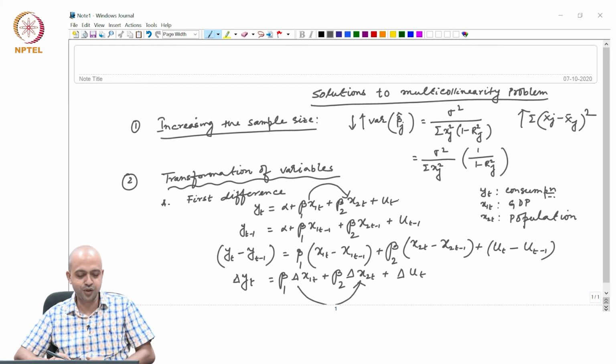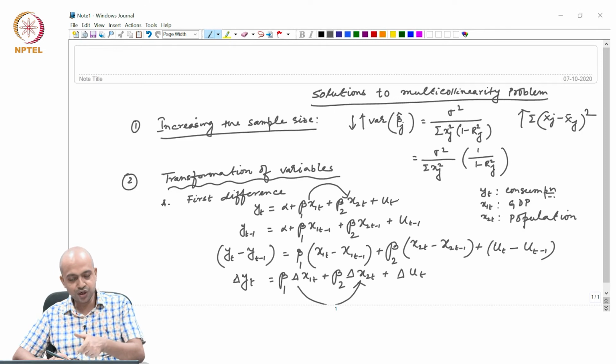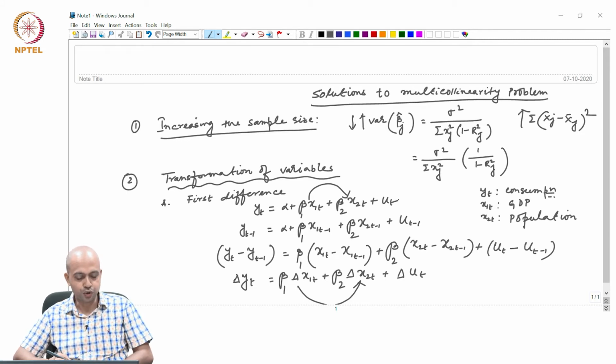That is the problem with the first difference. And also, our original interest in this model was to see the impact of x 1 t on y t, but ultimately after transformation what we are getting is the impact of delta x 1 t on delta y t. Okay? That is the model we have derived. So, this is the cost involved with the first difference method.